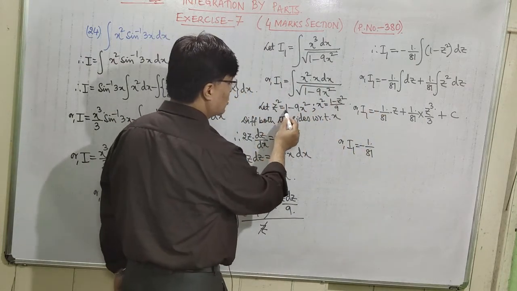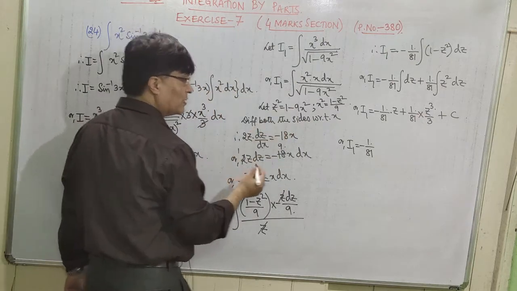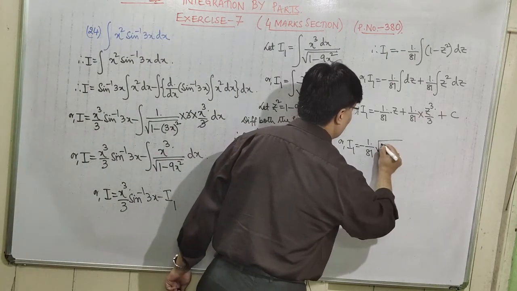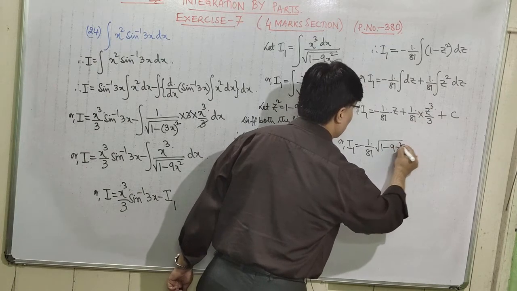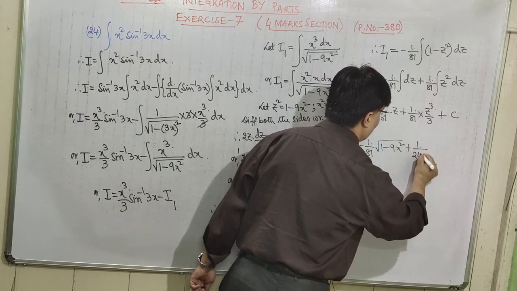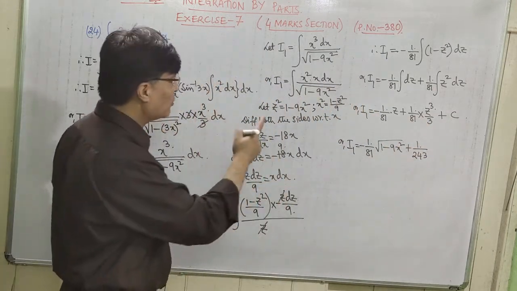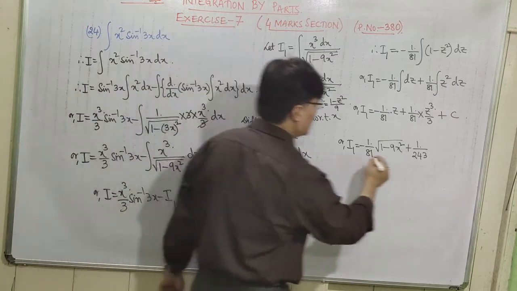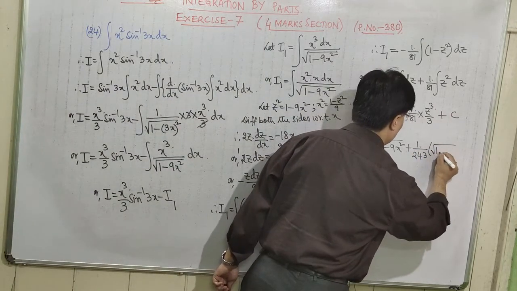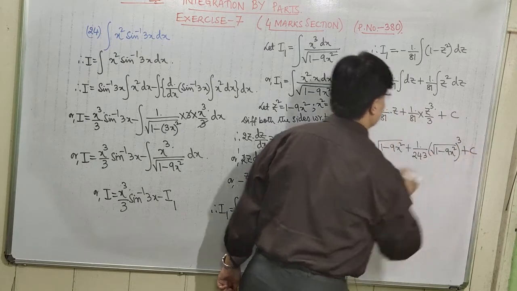Since z square here is 1 minus 9x square, what is the value for z? It is root over 1 minus 9x square, plus 1 upon 243. 3 ones are 3, 3 8s are 24. What is z whole cube? What is the value for z here? It is root over 1 minus 9x square whole cube, then plus c.